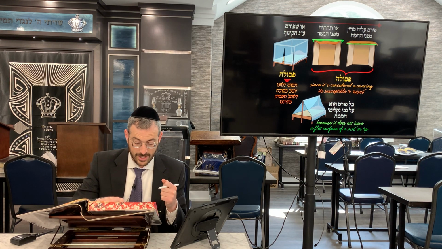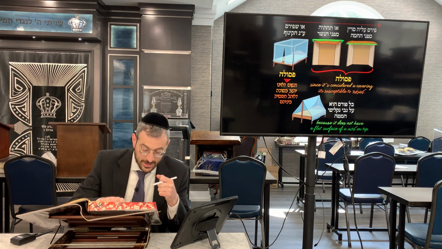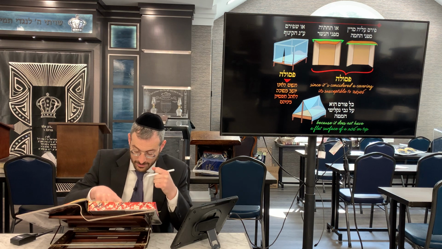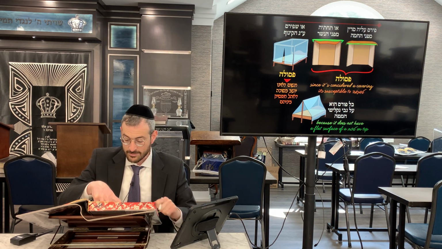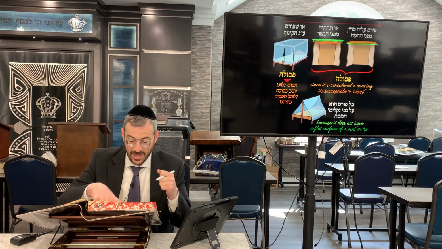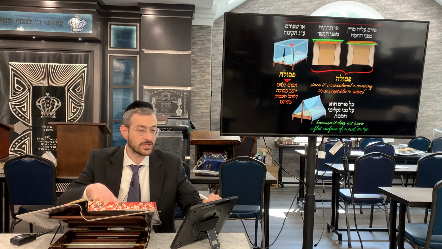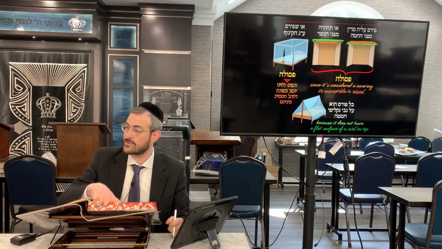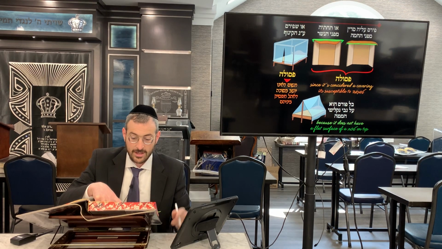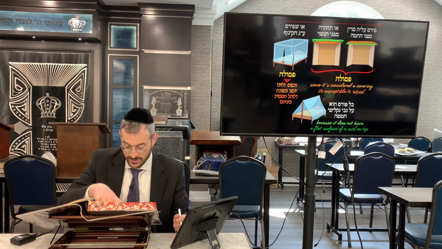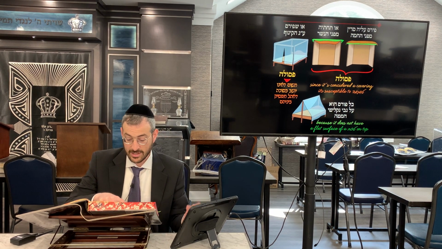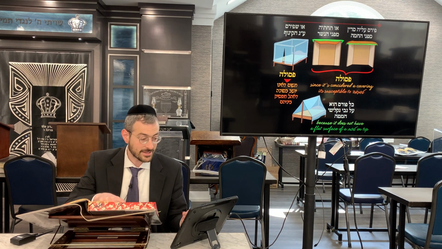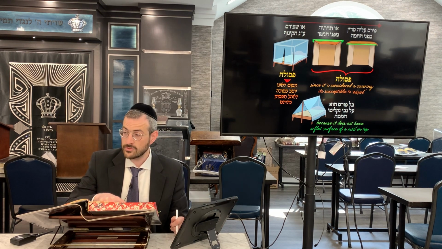But in this third case, it's not because you're making the schach with something that's mekabel tumah that's going to be a problem like in the first 2 cases, although they're both sheets, because here you're not spreading it out to be as schach, here you're just doing it to have a beautiful covering for your bed. Either one of these 3 cases is going to be pasul. It's going to be a problem, because you're not sitting in a sukkah, because you have an ohel that's mafsik, in this case, between you and the sukkah that you're in.